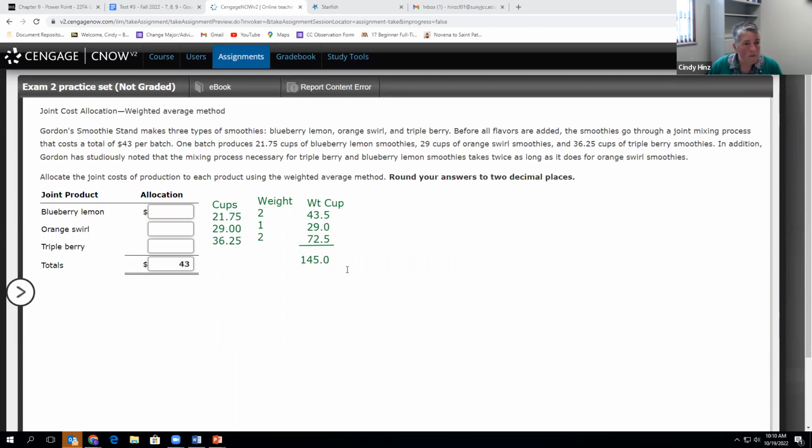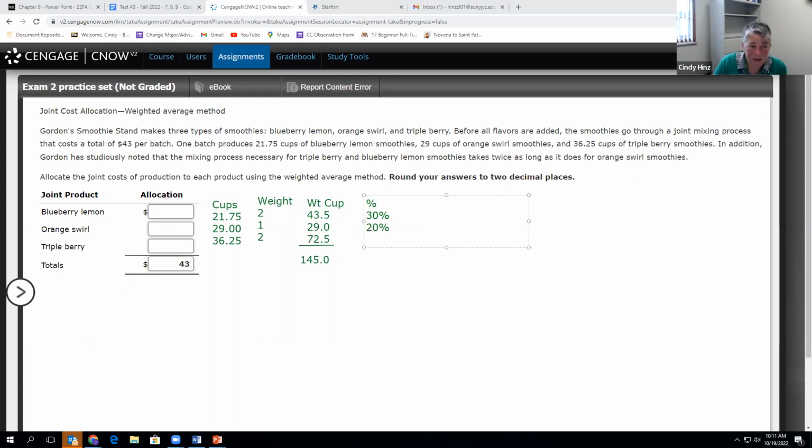So we can now calculate the percent that each one of those makes up of the weighted cups. So for blueberry lemon, they're 43.5 out of the 145 total weighted cups. That's 30.3 or 30%. For orange swirl, it's 29 out of the 145 cups, or 0.2 or 20%.